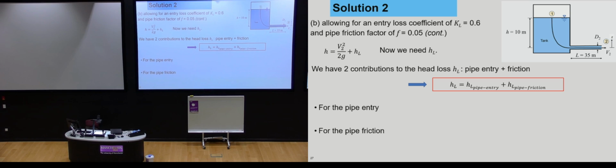So for the pipe entry, the head loss due to pipe entry, or the energy loss, is equal to the loss coefficient KL times UM squared upon 2G. And for pipe friction, we know that the pressure drop from our derivation last week is equal to F times L upon D, where L is the length, times a half rho UM squared.